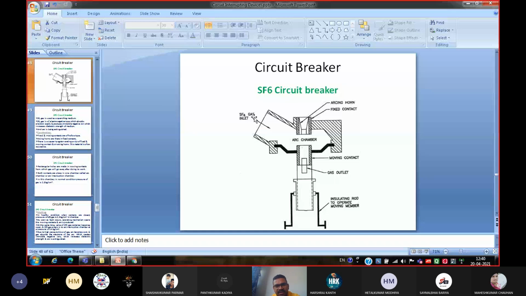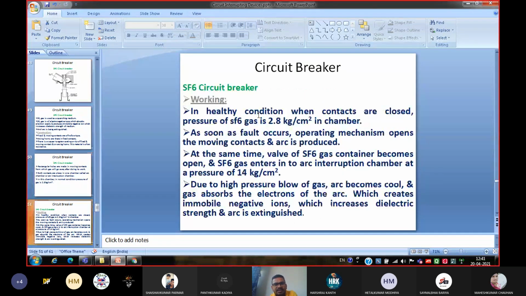So the inlet valve of the SF6 gas cylinder becomes open, and the pressurized gas, that is the pressure of SF6 gas, will increase, and the pressure is of 14 kg per centimeter square.